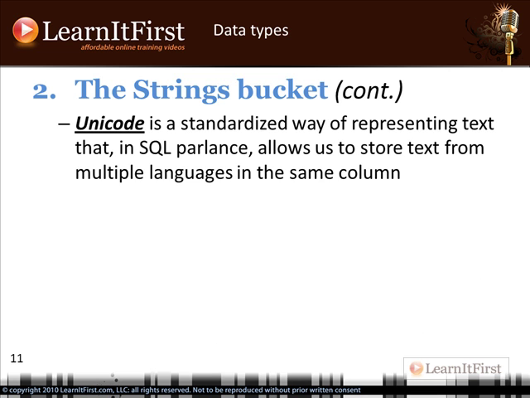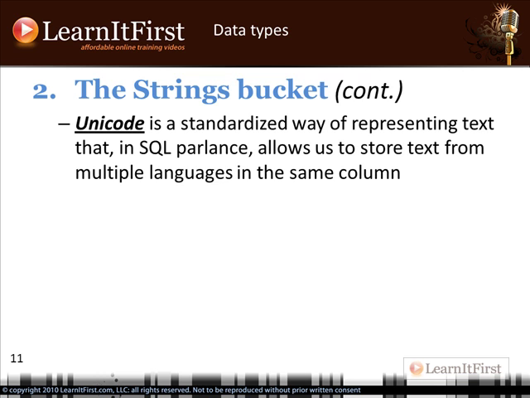But for the time being, Unicode is a specialized, standardized way of representing text that allows us to store characters from multiple languages in the same column. That's a hard thing to understand. What I mean is that one row of data could be in Greek or a Cyrillic language, the next row could be in Russian, and the next row could be in English.